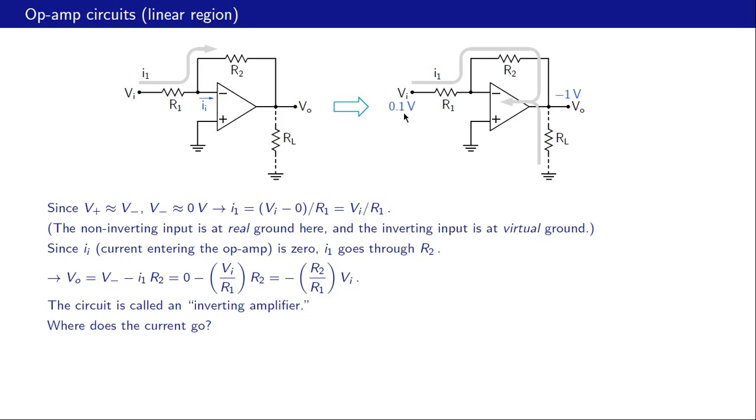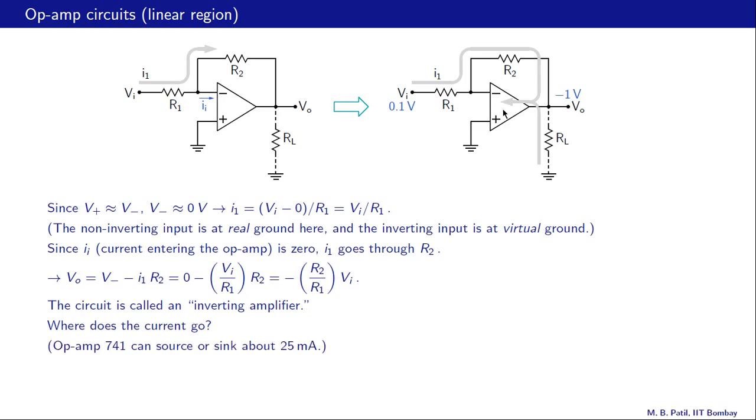If Vi is 0.1 volt, then VO would be minus 10 times that, that is minus 1 volt. Now in this scenario, we have 0 volts here, minus 1 volt here. So therefore the current through RL would be like that. We have 0.1 volt here. The inverting terminal is at virtual ground, so we have a current going like that. And these two currents essentially combine and enter the op-amp as shown here.